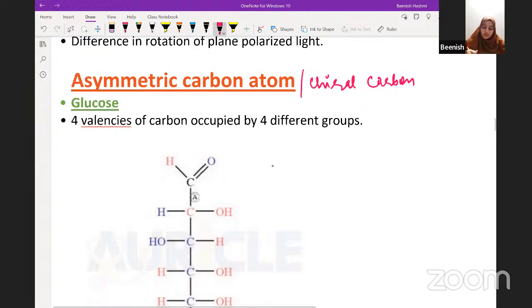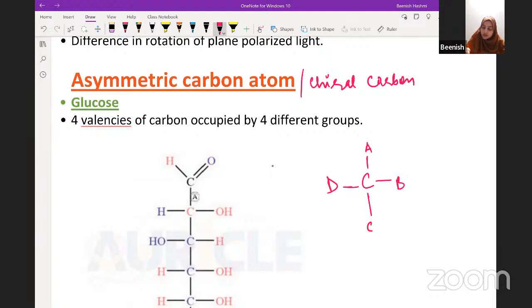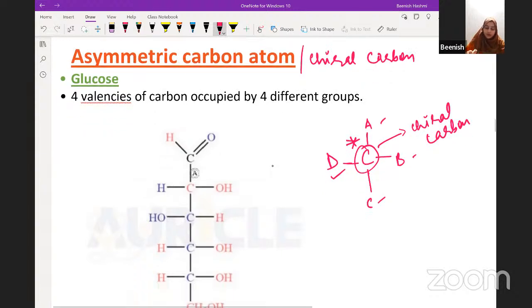So this is your carbon, and four groups can be attached to it. When all these four groups attached to the carbon are different, like A, B, C, D, we say this is an asymmetric or chiral carbon. Okay.